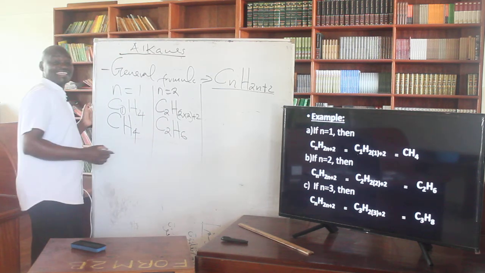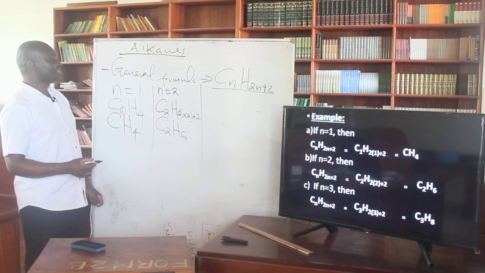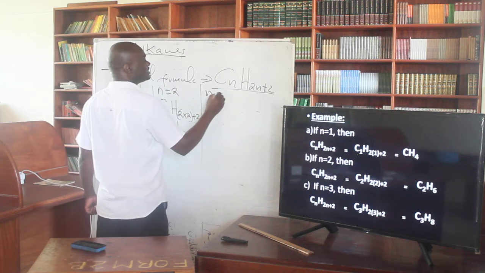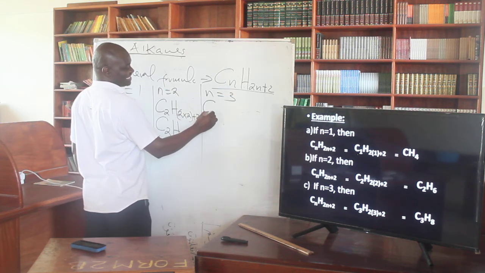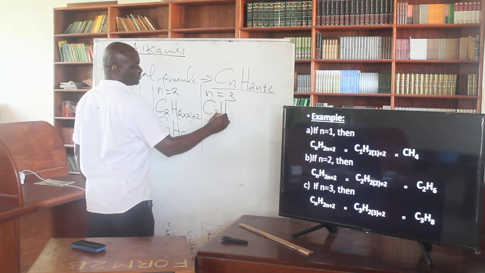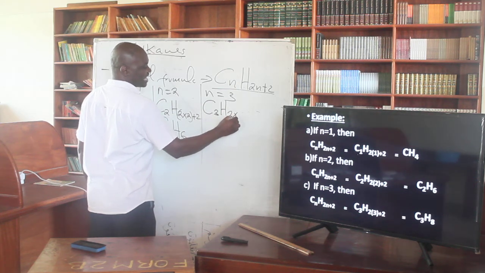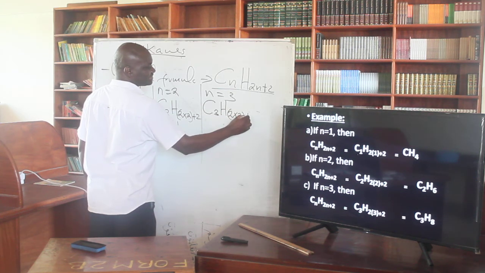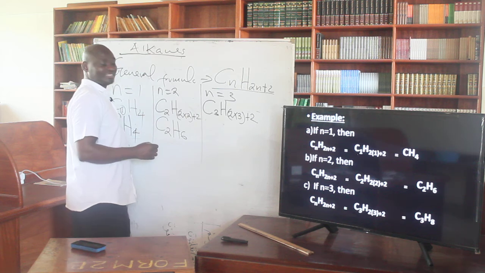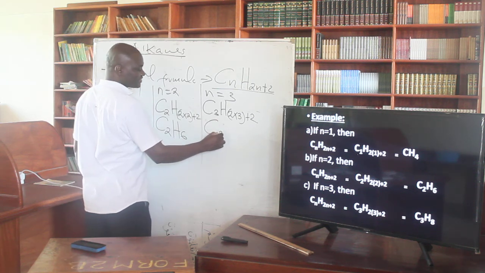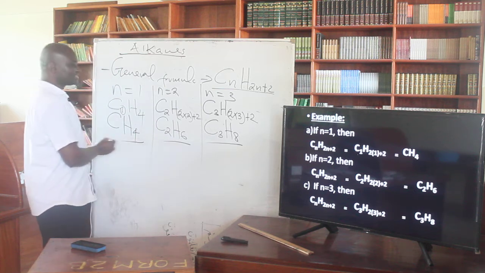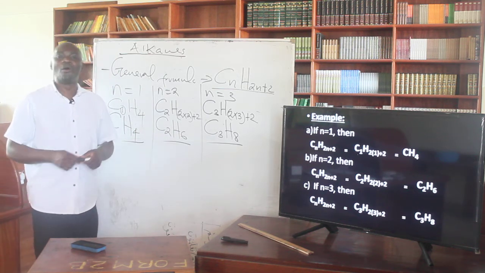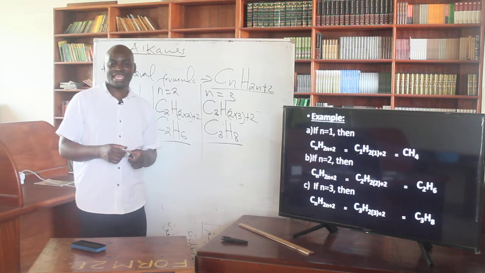That is our second example. And where n is equal to 3, we'll have C3 H2 times 3 plus 2, then we'll have C3H8. So these are examples of alkanes.